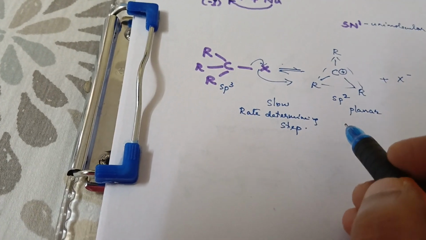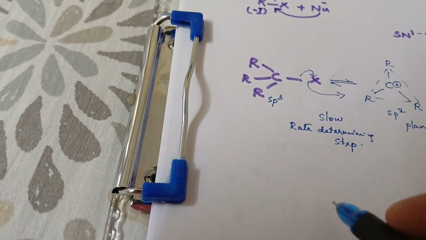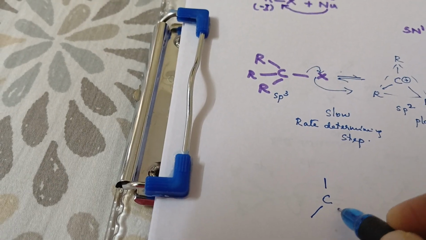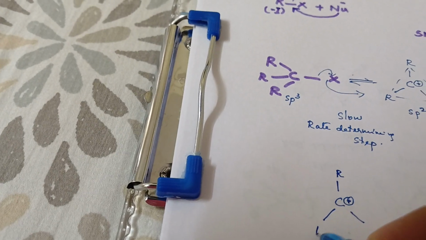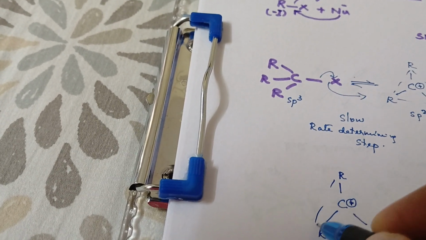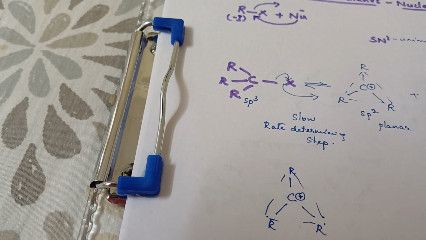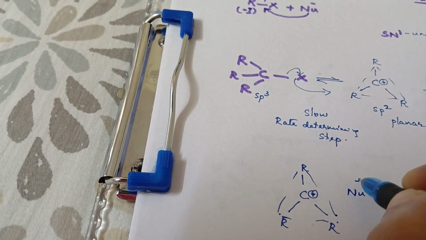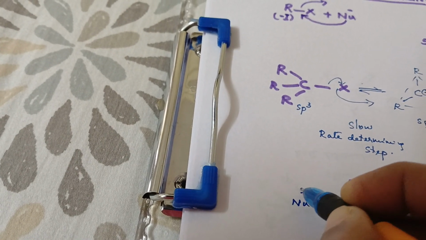And now let us look at this is the breaking of the carbon halogen bond. Now let us look at the second step where the carbocation is attacked by the nucleophile. Because of its symmetrical shape or symmetry, the nucleophile can make its attack from either this side or from this side.